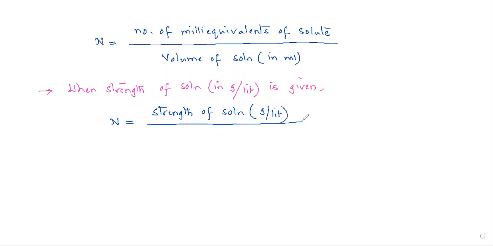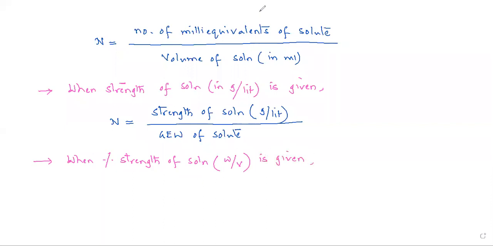So the thing that we are left with is gram equivalent weight of the solute. That's it. Now, see, when percentage strength of the solution is given in weight by volume, normality can be calculated using this formula.